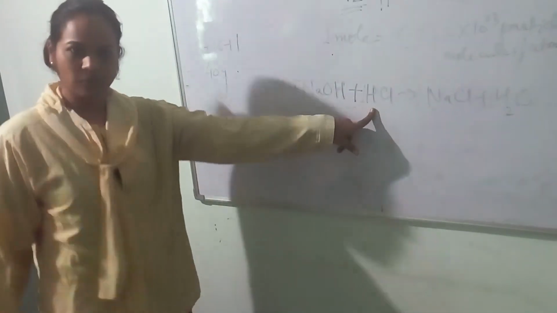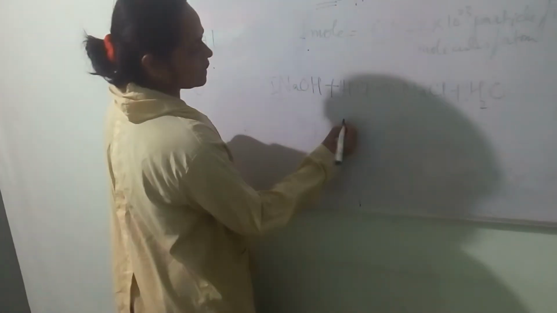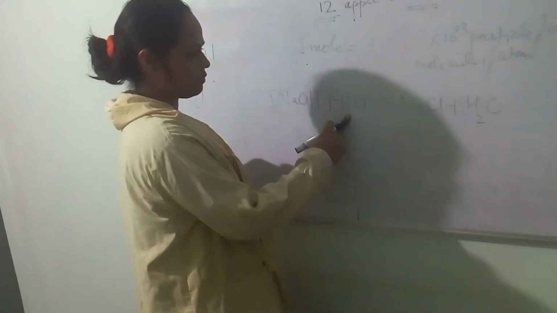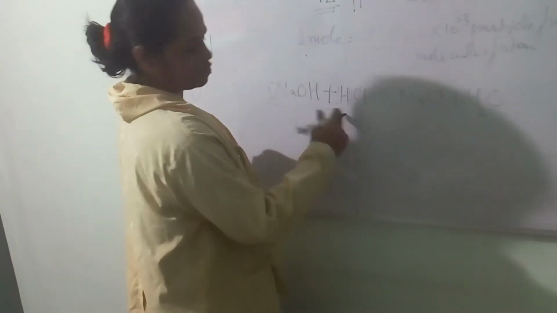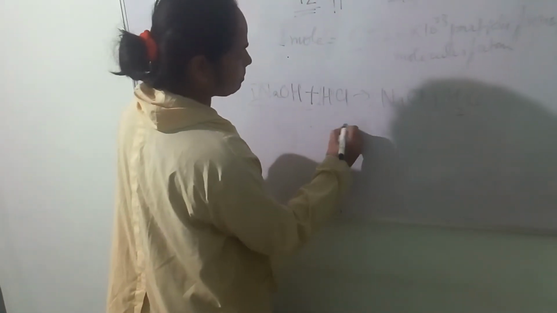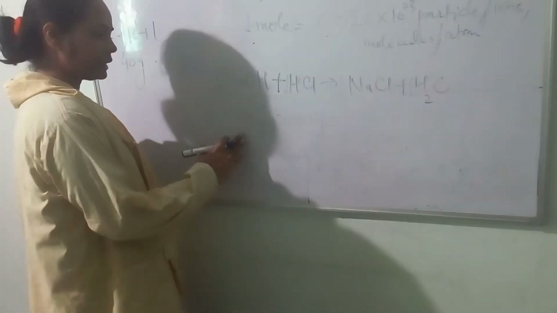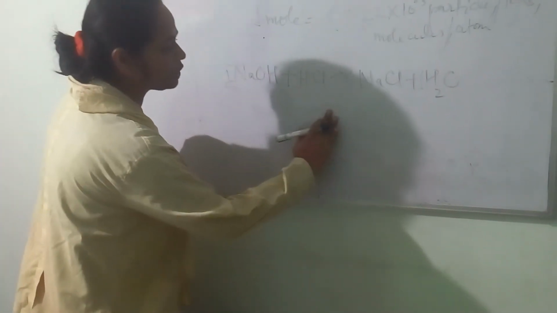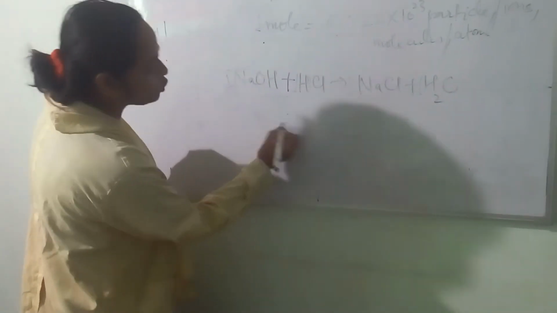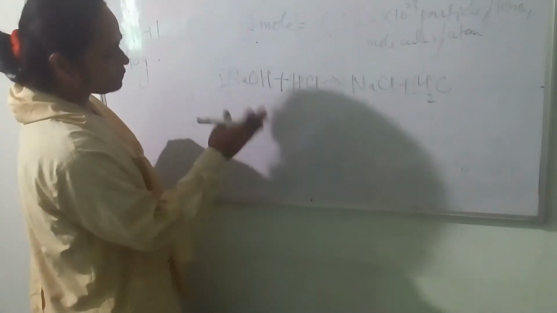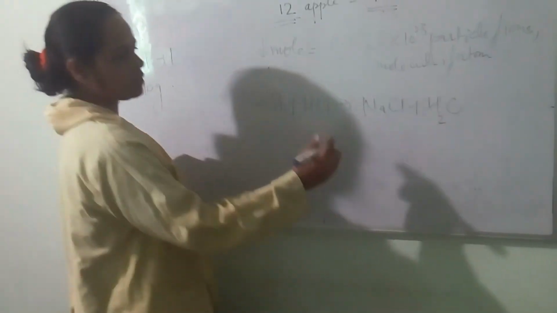Similarly, for HCl, it is 35.5 for Cl and 1 for H, so it becomes 36.5 grams. If we are taking the molecular mass, we write it in u, and afterwards we can convert it into grams.